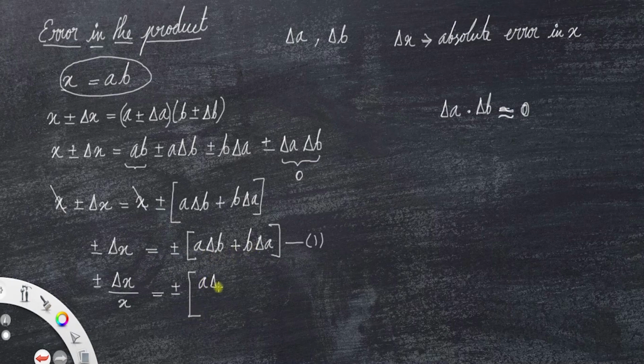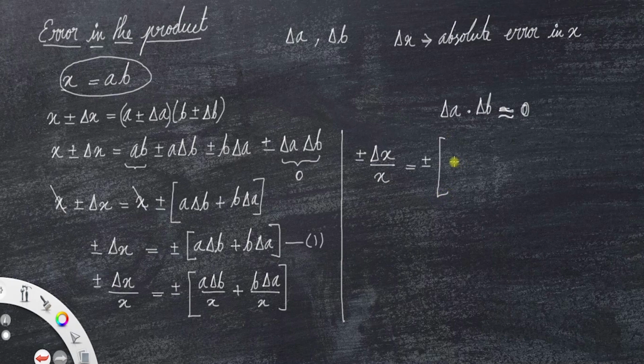So a delta b by x plus b delta a divided by x. So this will be plus or minus delta x by x is equal to plus or minus a delta b by, but you know x is equal to ab. So here it will be ab plus b delta a by ab. You can cancel this a and this b.